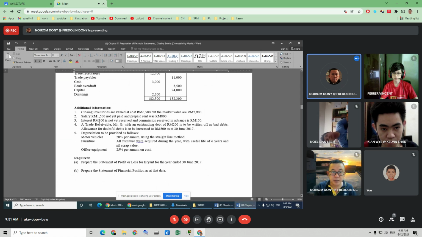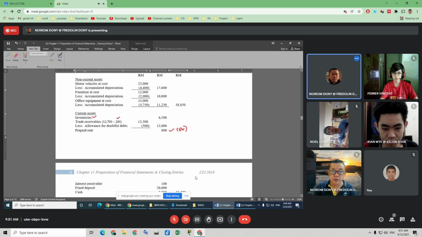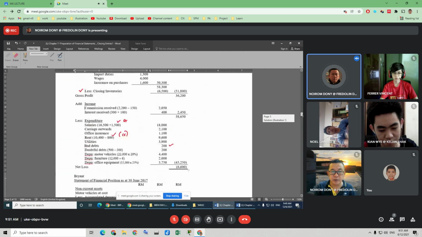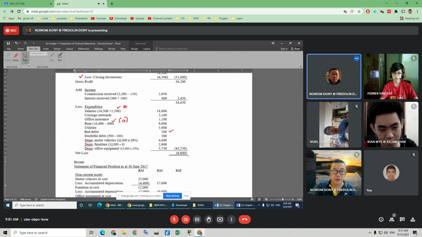Next one. Interest 100 is not yet received. This is interest received. Not yet received, meaning accrued interest. So I have to increase SPL, under revenue. This one. So when I plus this one, 100, I am actually crediting. Credit entry.